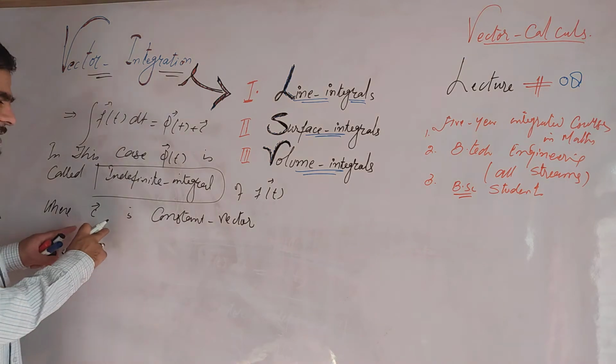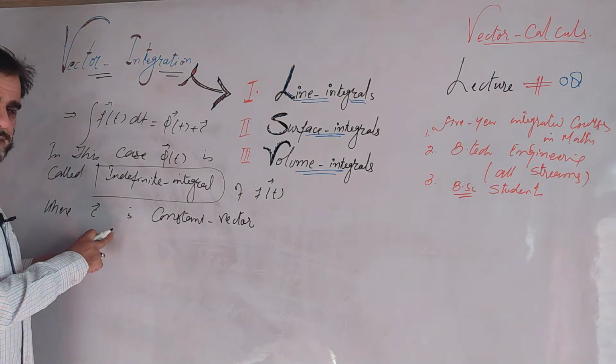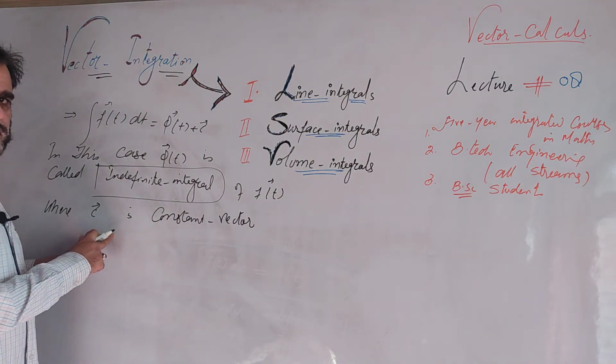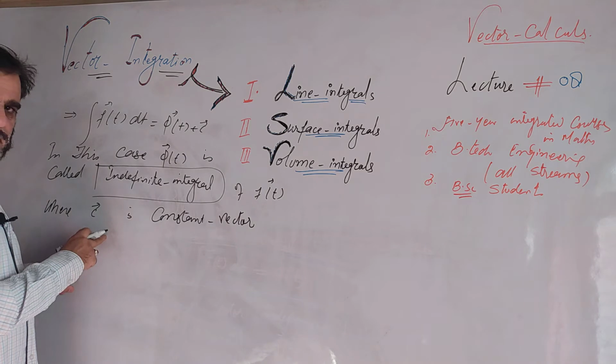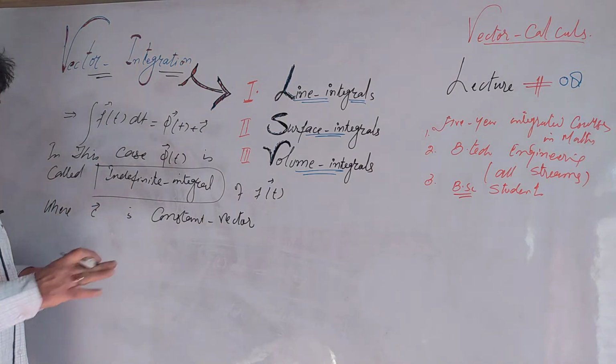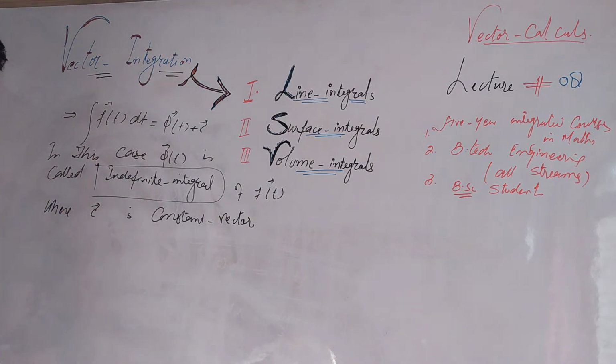This will also be called the constant of integration, but it is in vector form. In certain cases it will be scalar. We will discuss just when this C is scalar and when it is a vector. I will give you this information very soon.